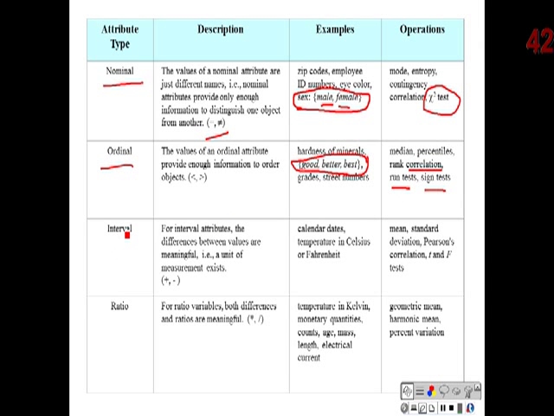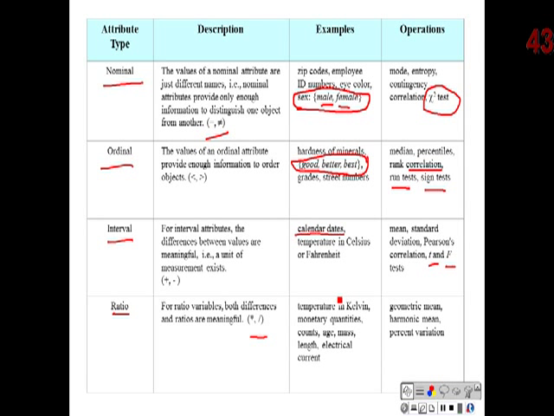From the quantitative types, the interval, as we said, has calendar dates and others like temperature. Here you can apply correlation, Pearson correlation, and the t-test and F-test, which are very famous. For the ratio, you can apply division and multiplication in addition to the others. We said there are four distinctive types of operations we can apply.